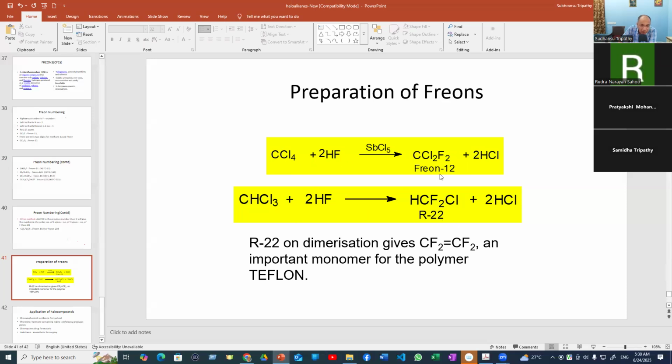This R22 is a very important compound, because on dimerization the hydrogen goes out as hydrogen gas, and there is a connection with a double bond. So you get CF2 double bond CF2. This is tetrafluoroethylene, which is an important monomer for the polymer polytetrafluoroethylene.